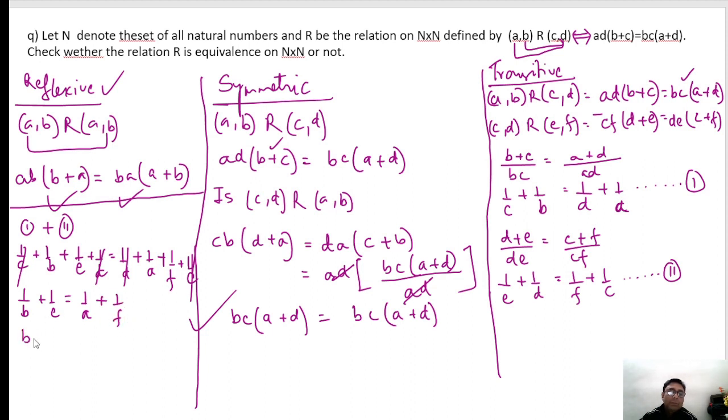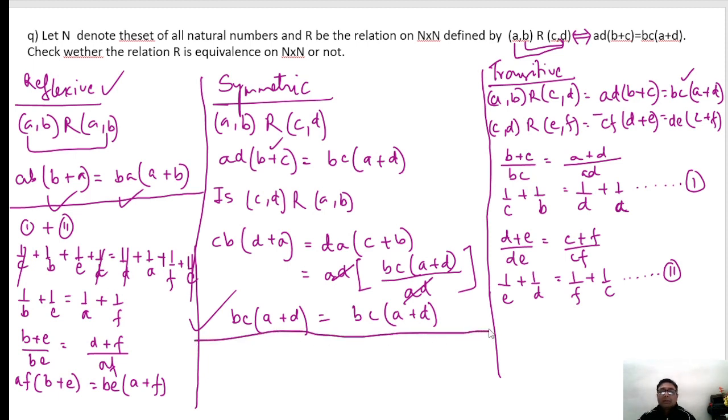That means I can write B plus E by BE is equal to A plus F by AF, or I can write AF into B plus E is equal to BE into A plus F. So isn't this written as, I'm writing it here, isn't this written as (A, B) R (E, F)?